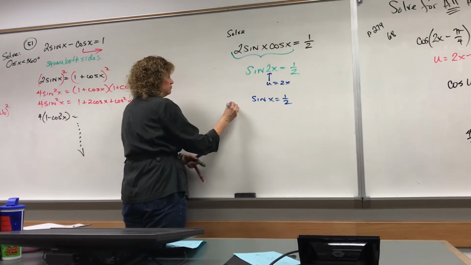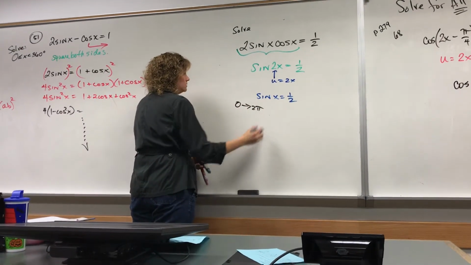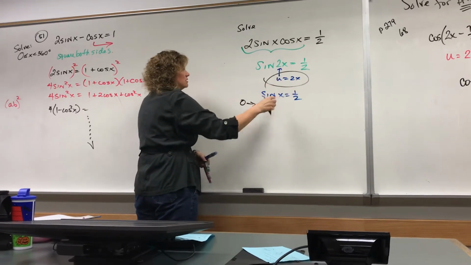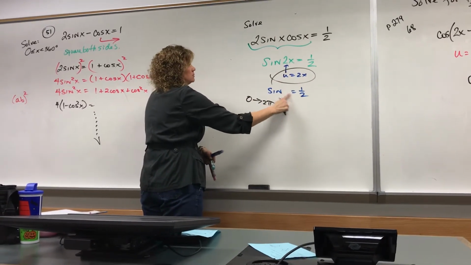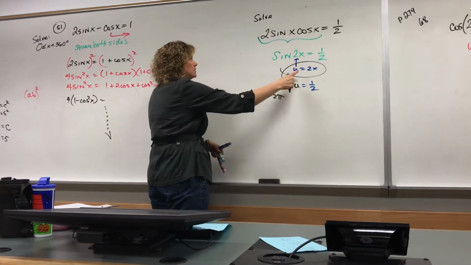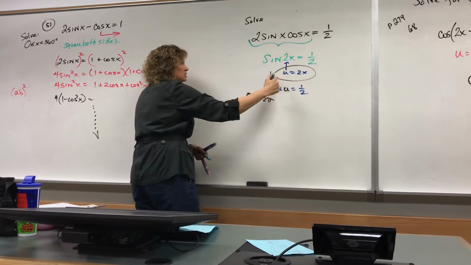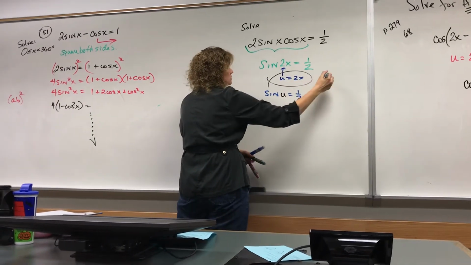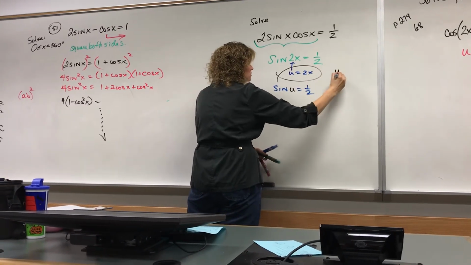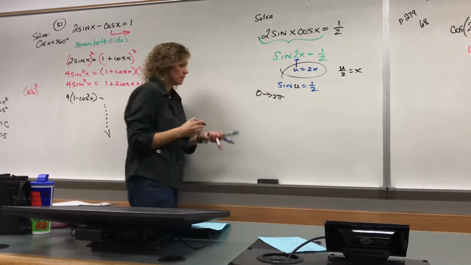So if they said solve between 0 and 2 pi, because, oh, whoops, this is not supposed to be x, this is u. Because when we go back to x, if I divide by 2, u over 2 is equal to x.